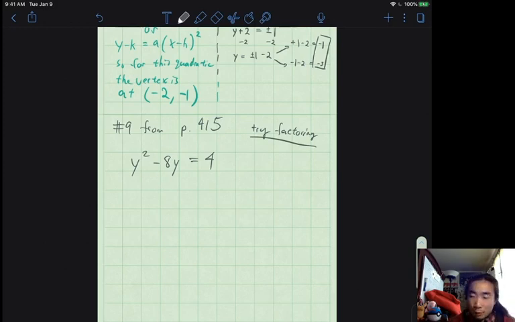I'm reviewing some of the classwork from last Thursday. This is number 9 on page 415. When we try to factor this and do some subtraction, notice here, none of the factors of 4 can make -8. Doesn't work.